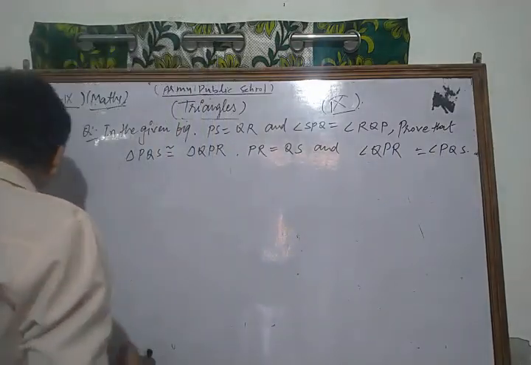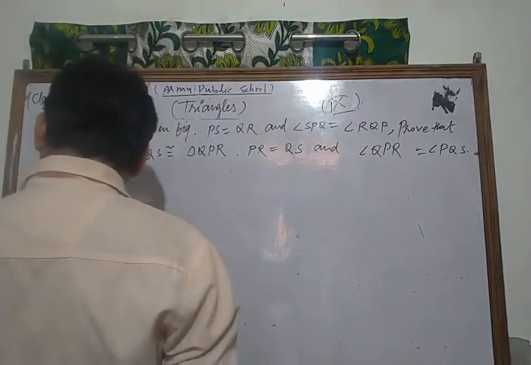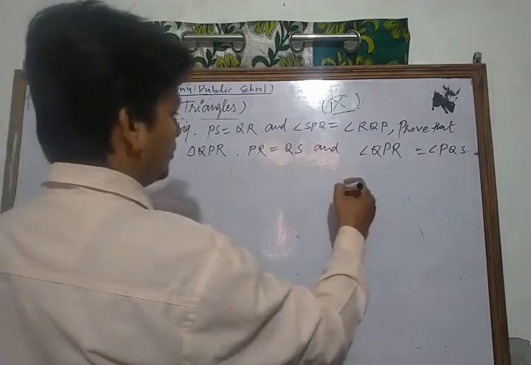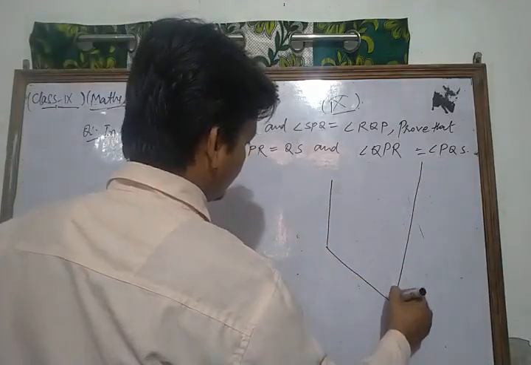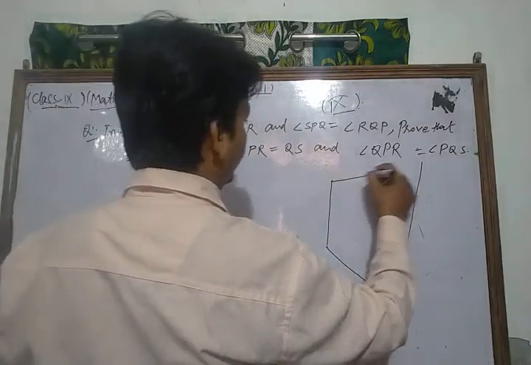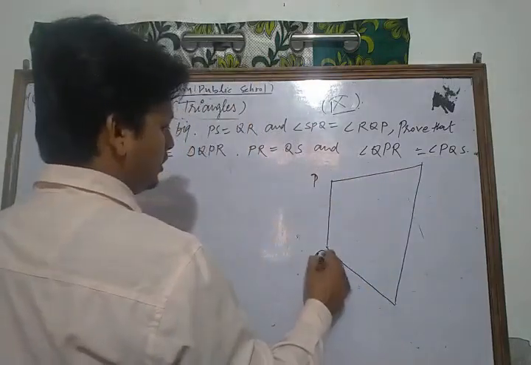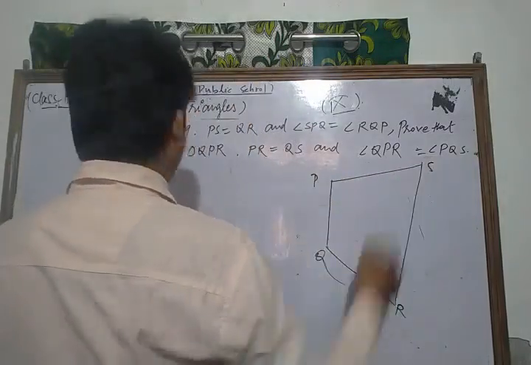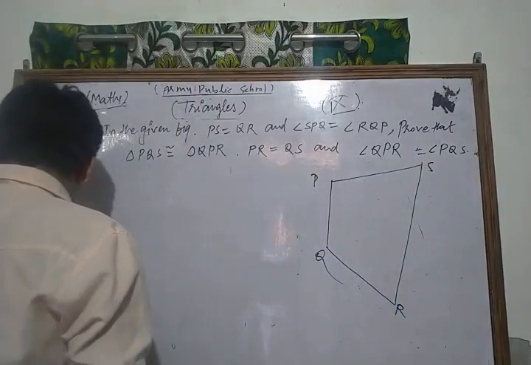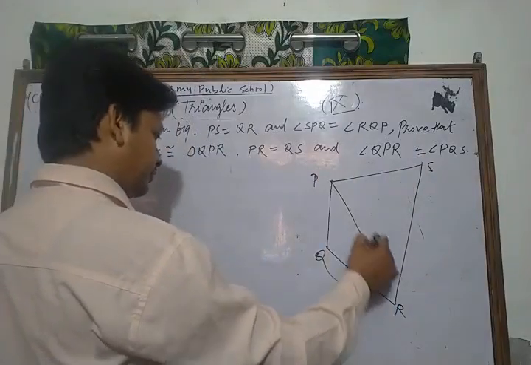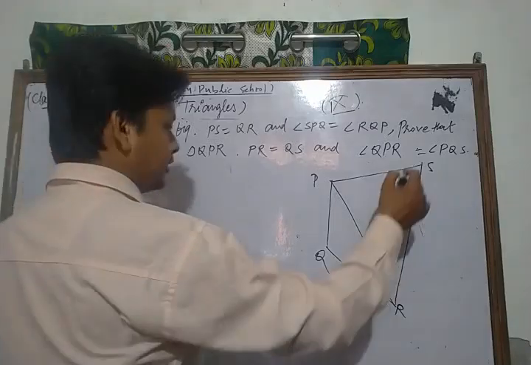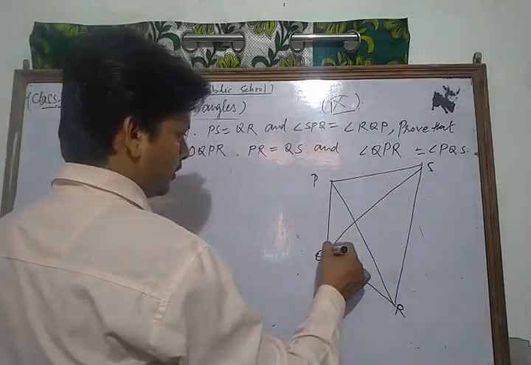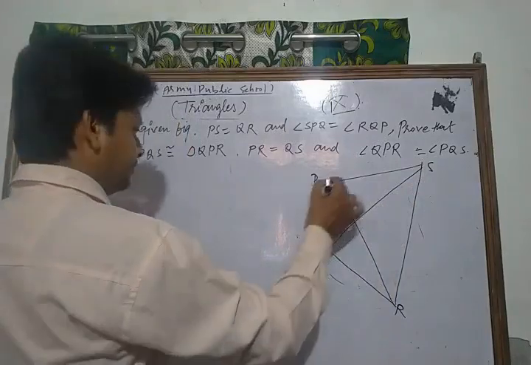This is the question here, and your figure is PQRS, and this is PR and QS.